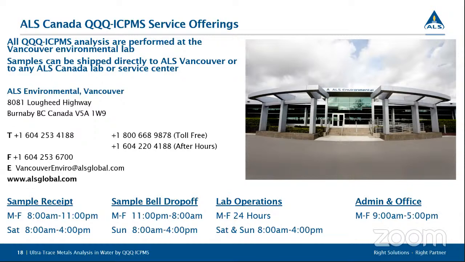In addition to the 6 routine instruments, Vancouver also has an HPLC-ICPMS instrument for arsenic and selenium speciation, as well as a GC-ICPMS that will eventually be used for analysis of tetraethyl lead in waters. So with all the experience at the Vancouver lab, it made sense for us to put ALS's first triple quad in the Vancouver lab.